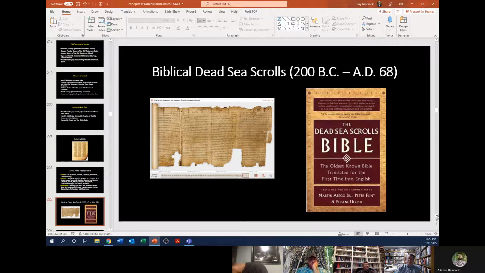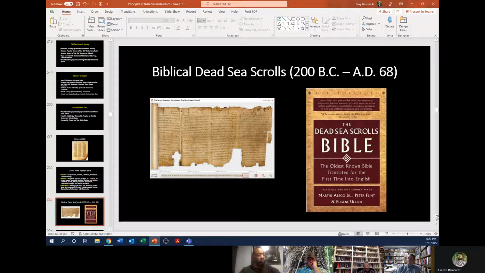It's a great site to look at the exact photo images of fragments of the Dead Sea Scrolls, including the complete Isaiah scroll. I know one of our PhD students, Stephen Mapes, in cohort 1, is looking at the servant songs in Isaiah, especially as they focus on Messiah.